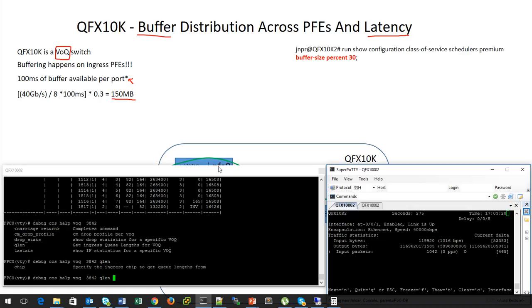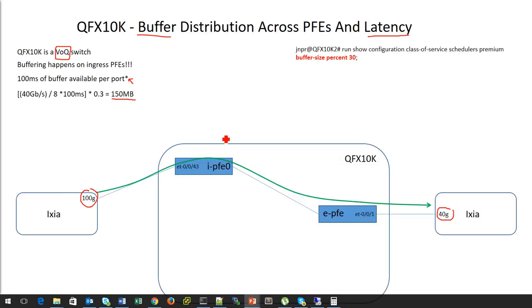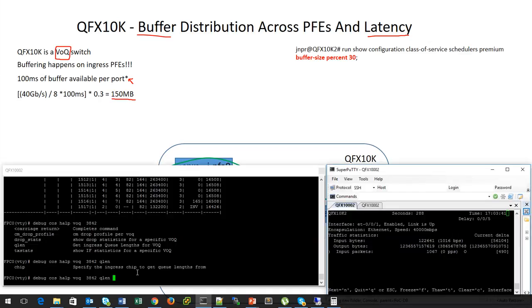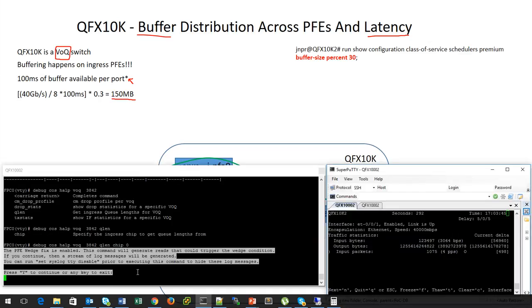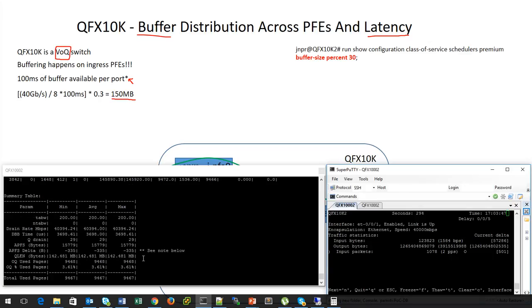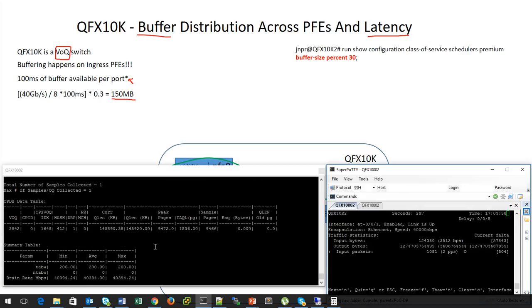I know that my port lives on packet forwarding engine 0. So this particular ingress port lives on packet forwarding engine 0. I would say chip, and let's see these interesting numbers.